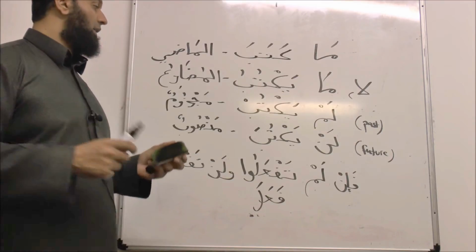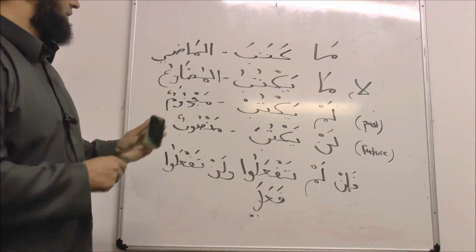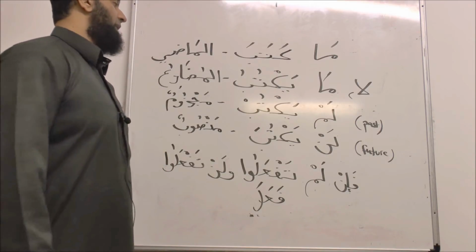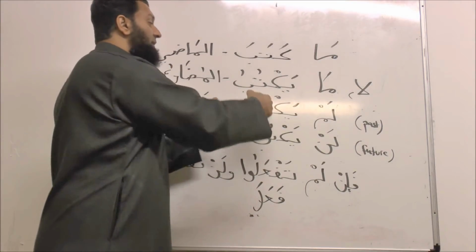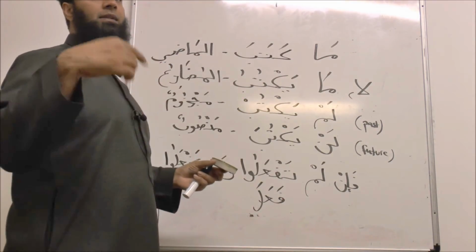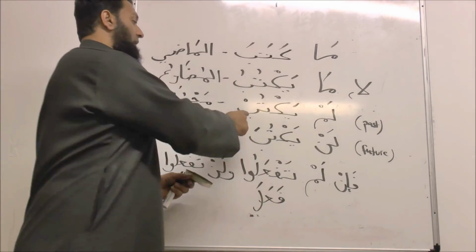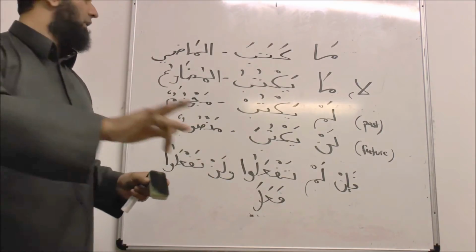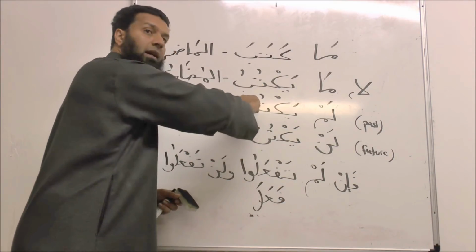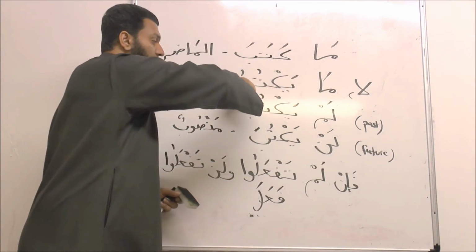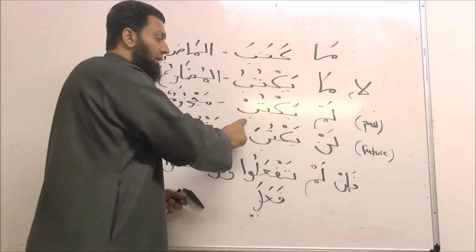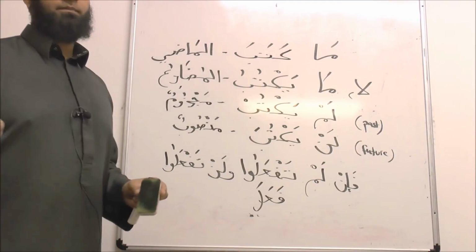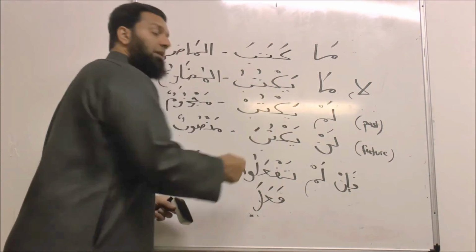So what's important here is to recognize, and that's why I said, in this form, third person singular, male and female, where your verb normally ends in a dhamma, like yaktubu, the majzum state becomes one with the sukoon, and the mansub state becomes one with the fatha.